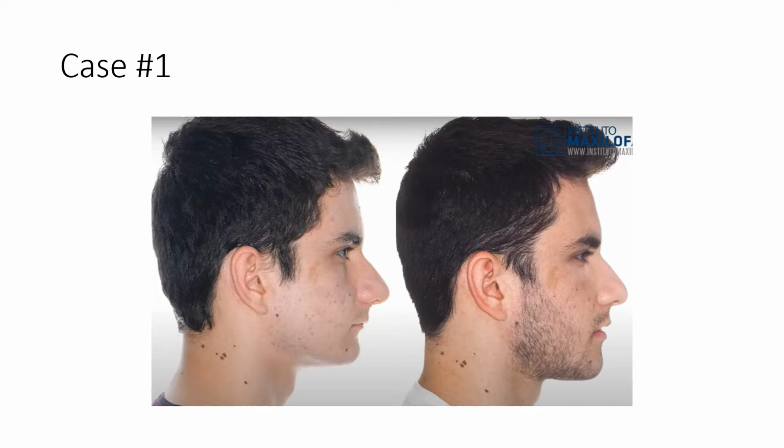So here's the profile view of Pablo. You can see the maxillomandibular advancement, the menton or the pogonion and the lower lip surpasses or goes past the nasion, in addition to the lower third that he gained.